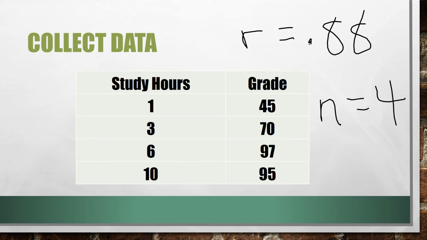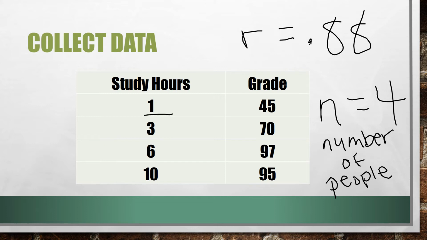And that's important, right? We have 8 observations. This would be 1, 2, 3, 4, 5, 6, 7, 8. So 8 observations.